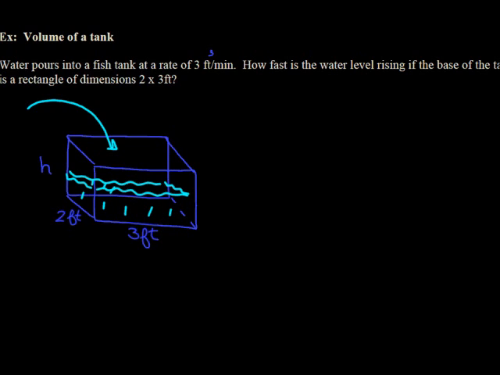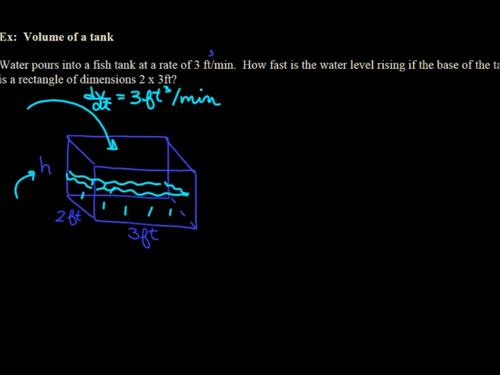And let's see, what was that rate? That water was entering the tank, so that is a rate of change of volume. dV/dt was entering at 3 feet cubed per minute. And the question is asking us, how fast is the water level rising if the base is a rectangle of 2 by 3? Okay, so the question is, we're looking at the rate of change of the height of the water.